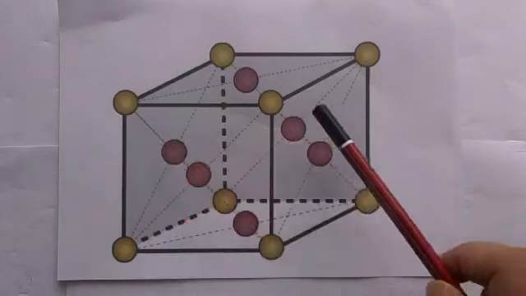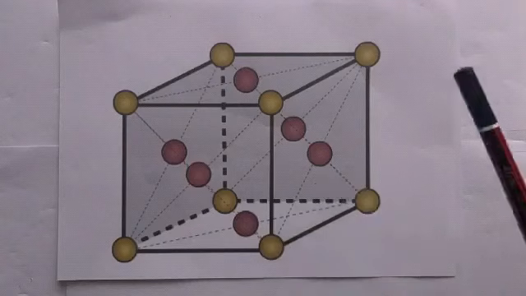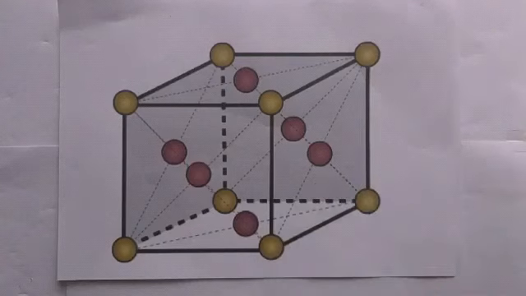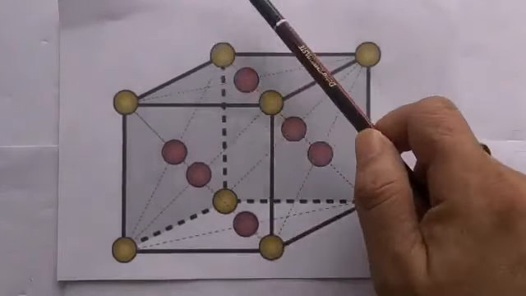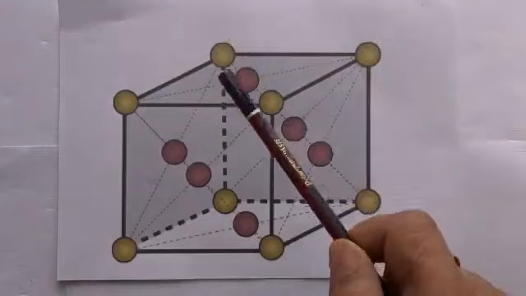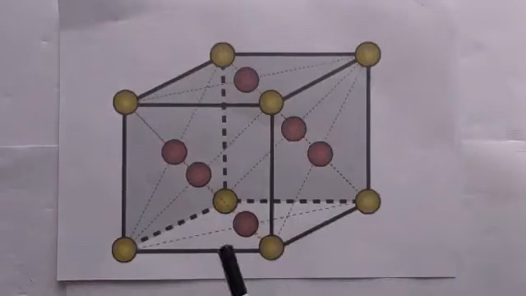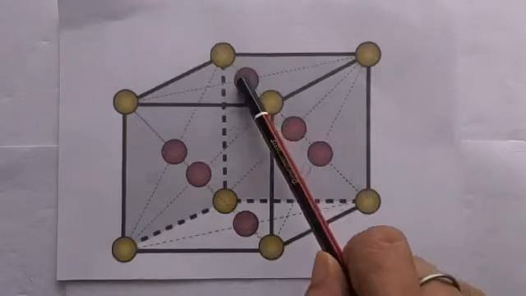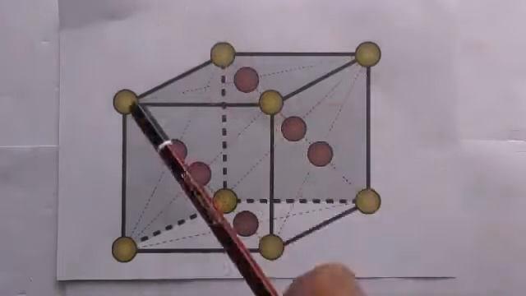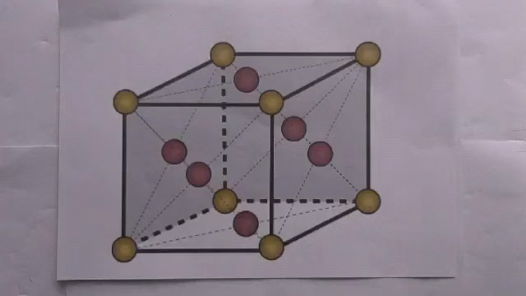So how many faces does it have? 6 faces, and each face has 1 atom, and these atoms are shared with one more unit cell. Whatever unit cell is surrounding it will share this atom. This will be shared by the unit cell above it and beside it. This is how they are shared by the adjacent unit cells.